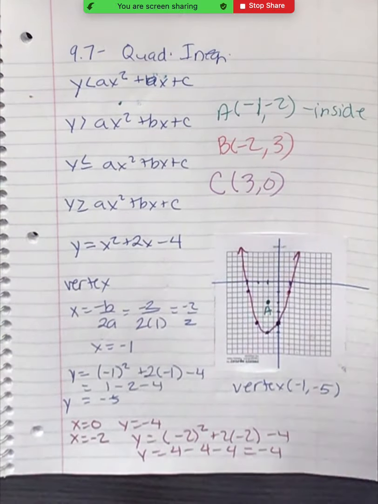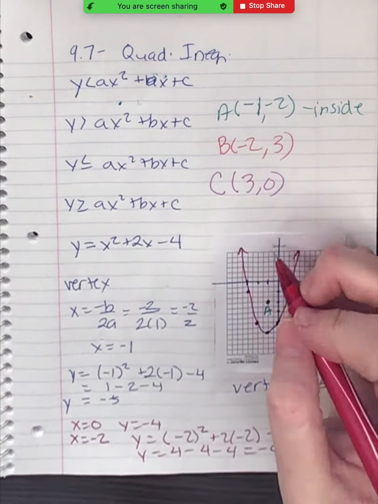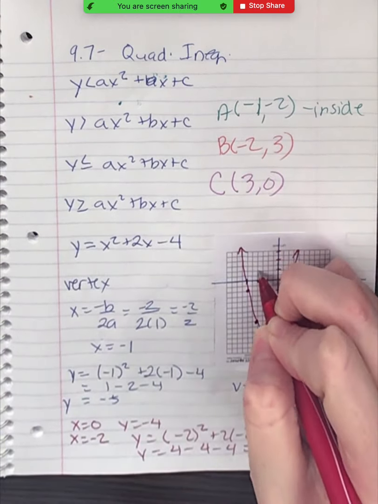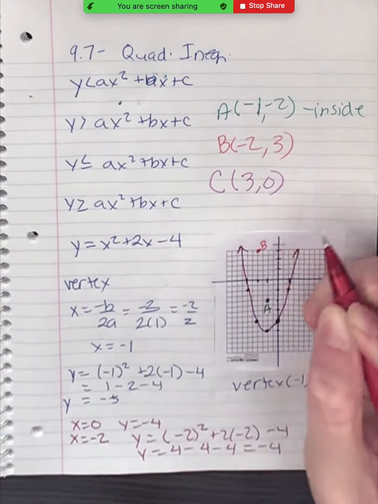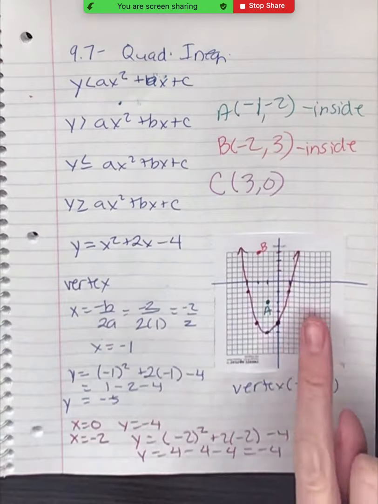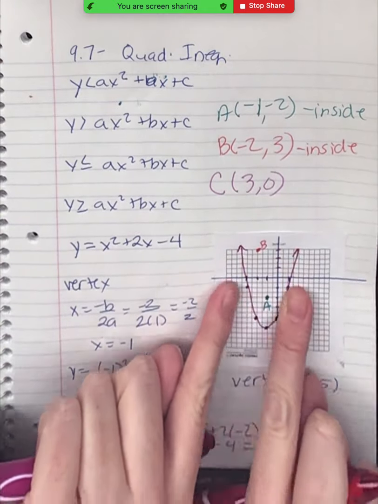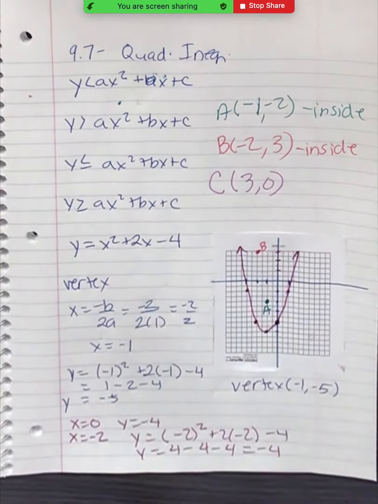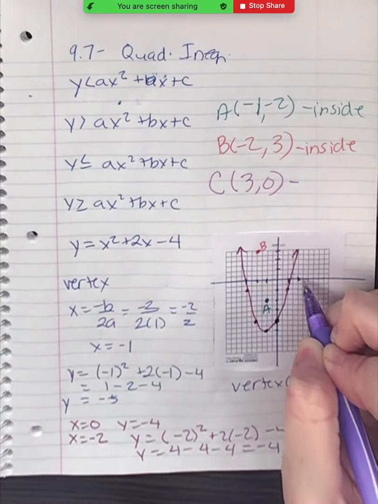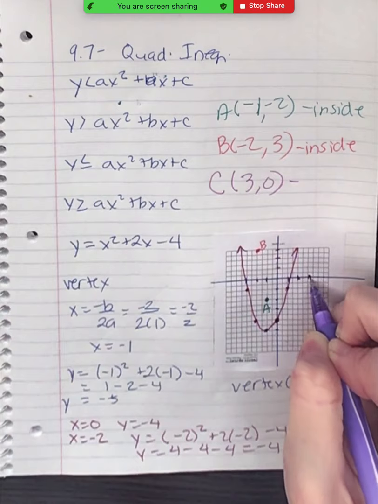B is at negative 2, 3. So here's B. It is also on the inside of your parabola, because if these keep going, okay? And then 3, 0. Is here.